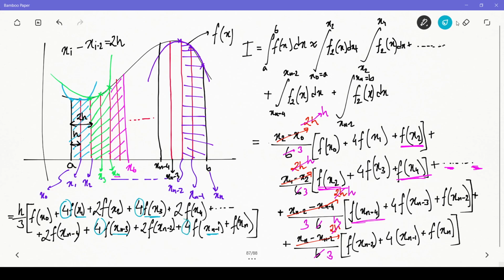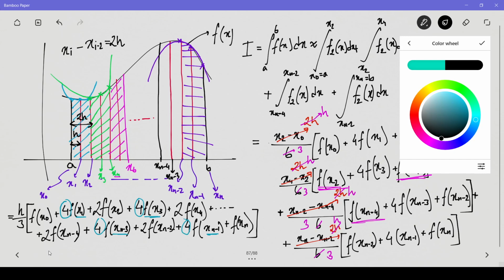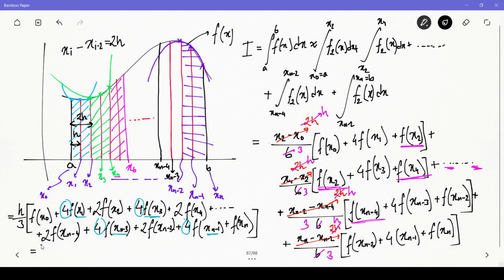So let's try to capture the pattern in a more compact form. We can rewrite this as something like h by 3 times, where the first term will remain as it is, f of x0, plus 4 times the summation of f of x sub i, where i, written in subscript form, indicates the index of the x value. So from i equals 1, starting from 1 up to what?